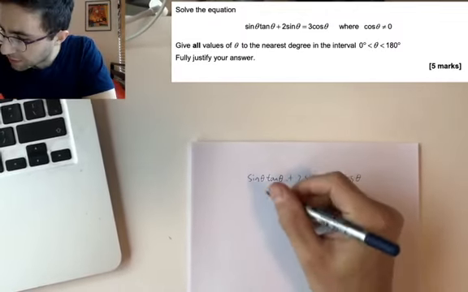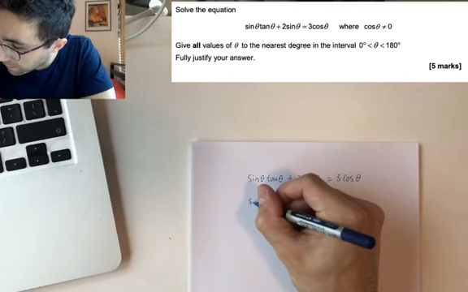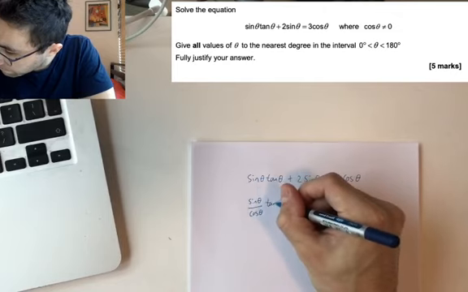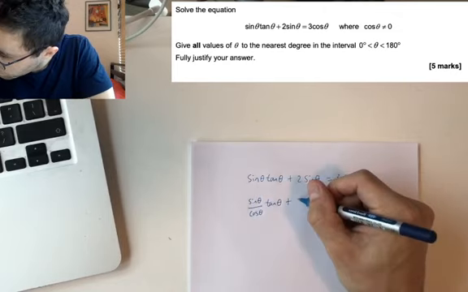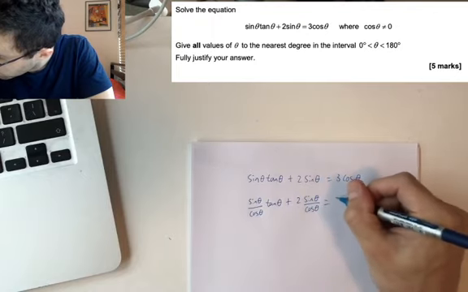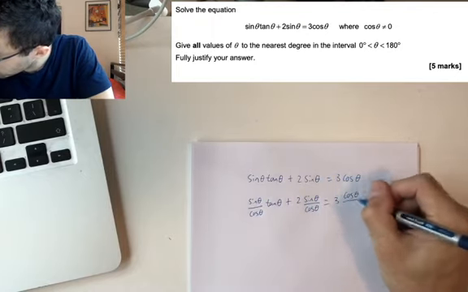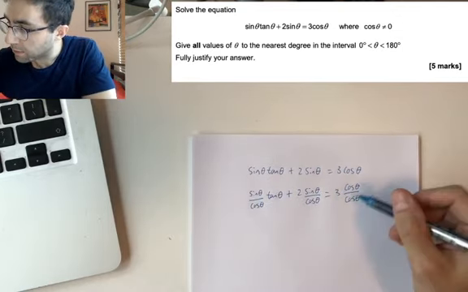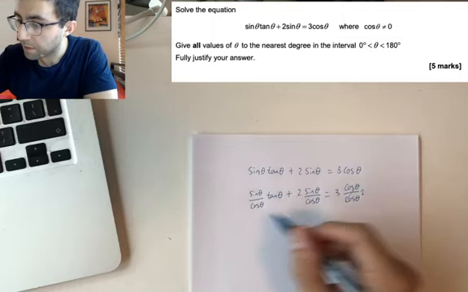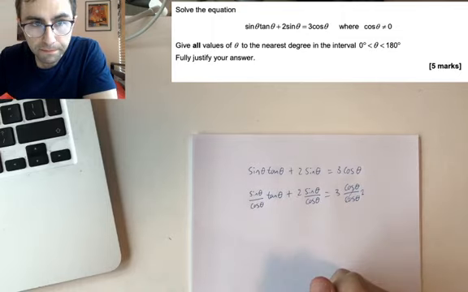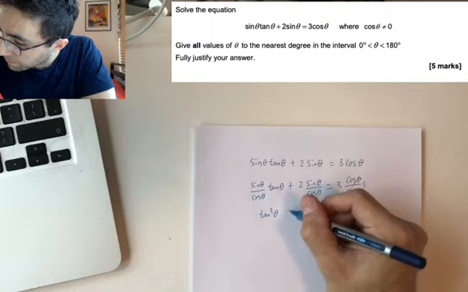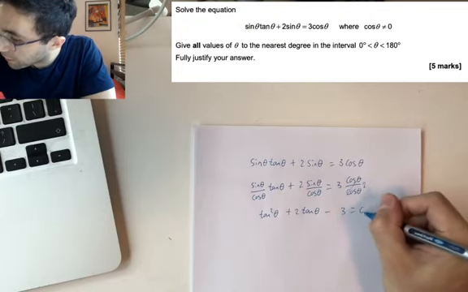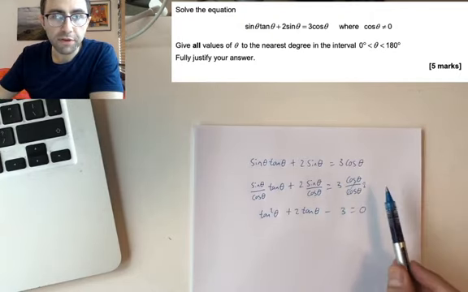You divide both sides by cos theta, you'll end up something like this. And then that's going to cancel to 1. These are both tan theta. And you'll end up with tan squared theta plus 2 tan theta minus 3 equals 0. That's if you bring that 3 across to the left-hand side.